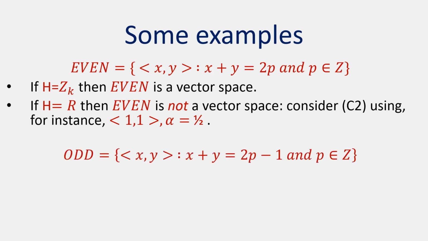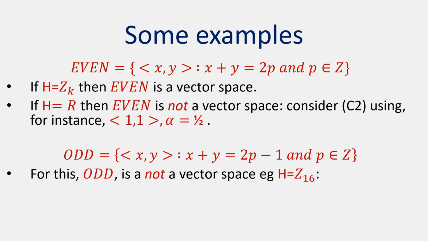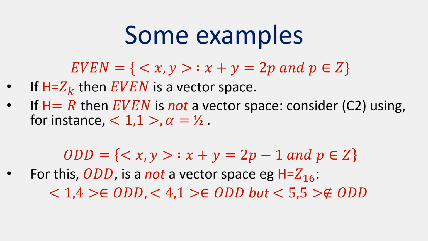Suppose we take this definition of a set of vectors, the set of 2 vectors, which when we add the components, we get an odd integer as a result. Then that is not a vector space even for the case we had previously, integers modulo some value, say 16, because if we look at that in detail, well, the vector 1, 4 is in this set odd, 1 plus 4 is 5.